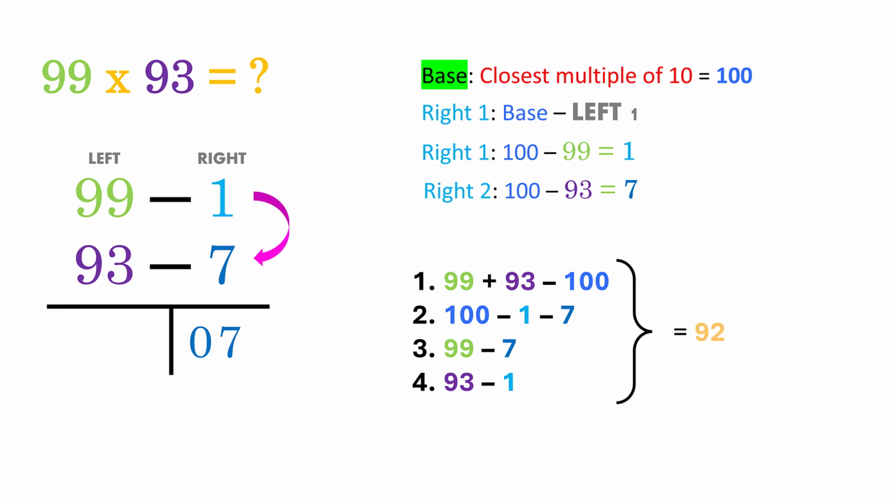When we are programming, we're going to be using our third option, which is 99 minus 7, cross-subtracting. Great, so now we can just put 92, simple, easy, and if that number exceeds, you just keep it. You don't do anything with that number like we did with our right portion. And there you go, our final answer is 9,207. Awesome. Now, let's discuss another possibility that can happen while you're solving this.